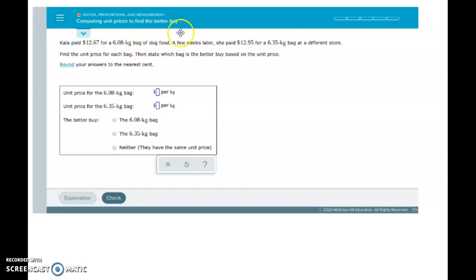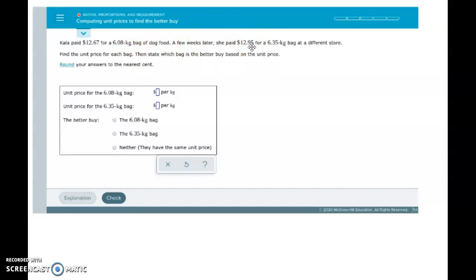Now, if they said 6 kilograms for a 6 kilogram bag of dog food, this store wanted you to pay $15, and then this one said for a 6 kilogram bag of dog food, this store wanted you to pay $20. Then you would just be able to compare and contrast and be like, oh yeah, of course, this one's the better buy because it's just $15 and this one's $20 per 6 kilograms.